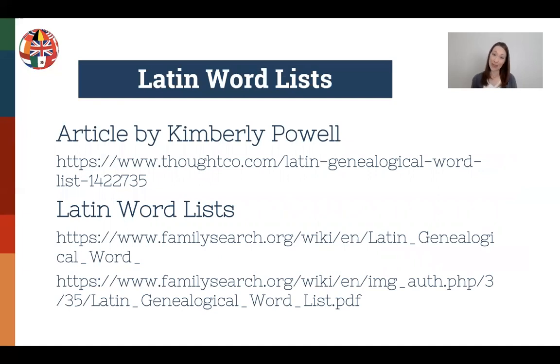You'd also need some Latin word lists, and if you just need something really basic to get familiar with Latin, there's an article by Kimberly Powell that I've given a link here, and all of this is in the syllabus too, so you can just download the syllabus and all this information's there. And then there's a couple Latin word lists on Family Search that you can try and pick apart the Latin in documents.